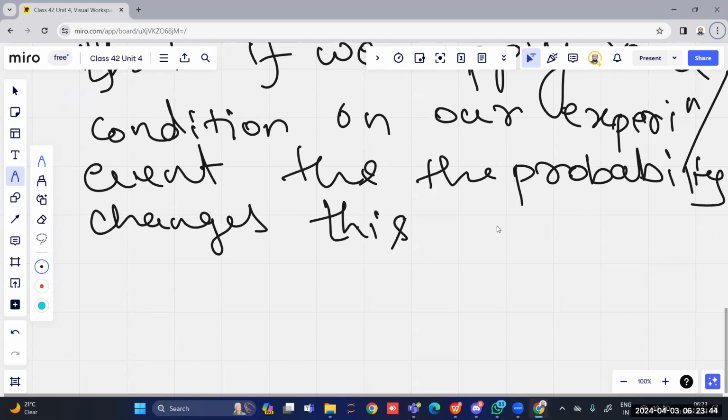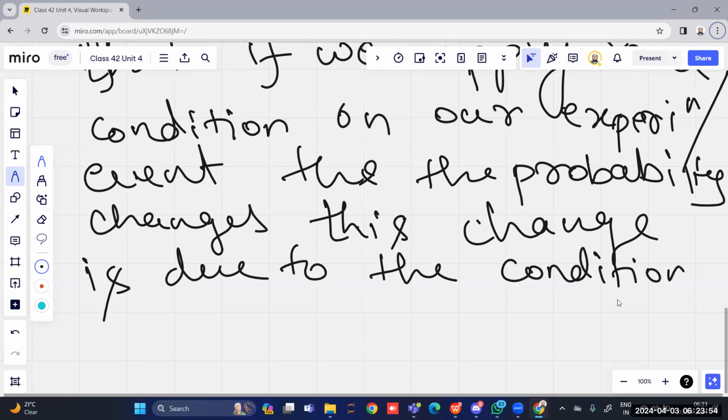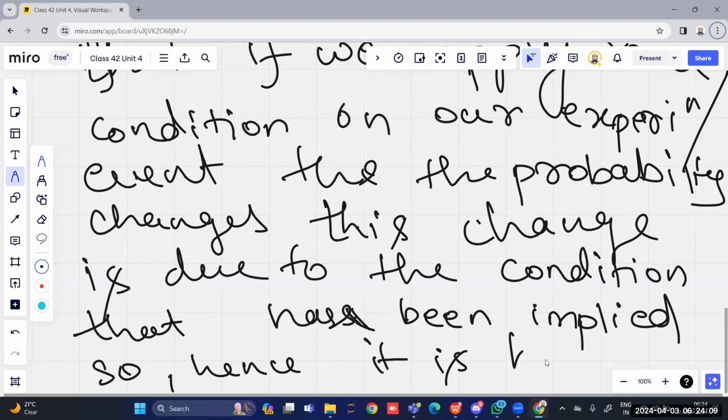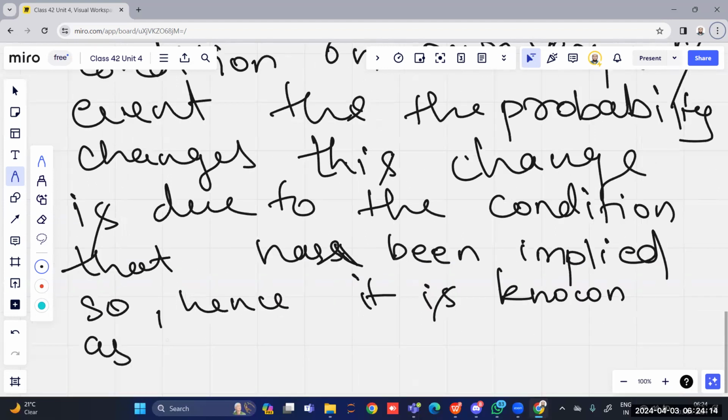This change is due to the condition that has been implied. So hence it is known as conditional probability.